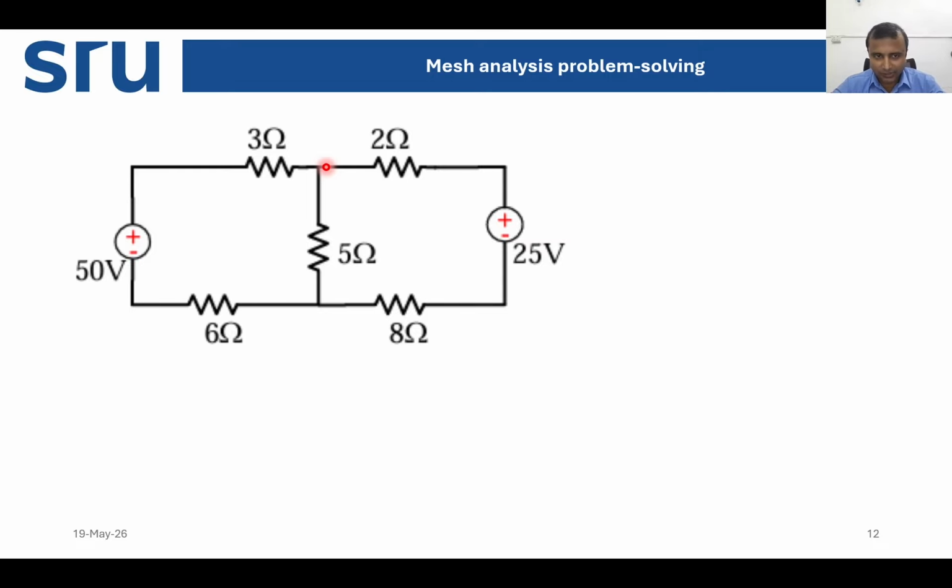If you can understand this, just simply take clockwise current in these two loops, then write down the KVL equations, and then you can simply solve the two simultaneous equations for I1 and I2, and that will be all.